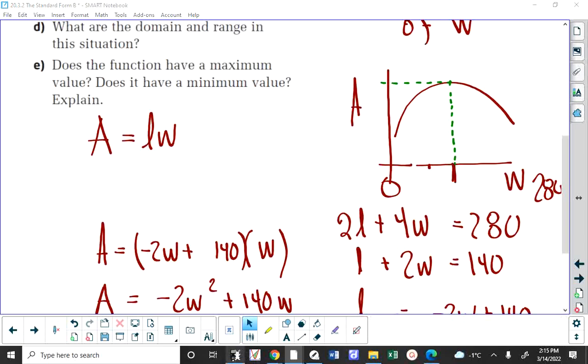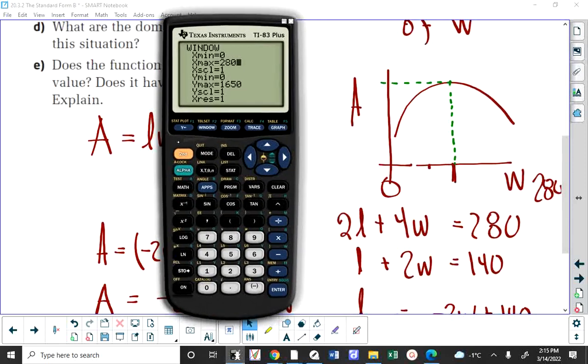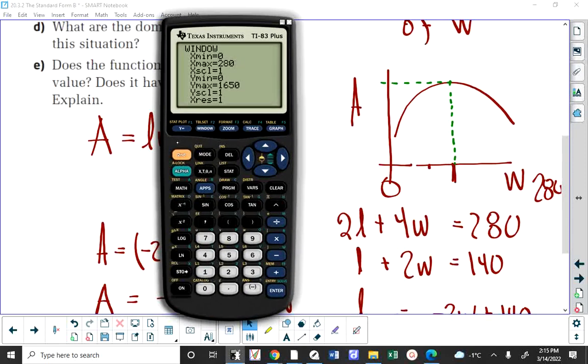I don't know if anybody remembers, but I'm going to ask, what can I do on my calculator to find out how high I should go? Yeah. Go to the table, sure. I'm going to set up my table to go from 0 to 280.